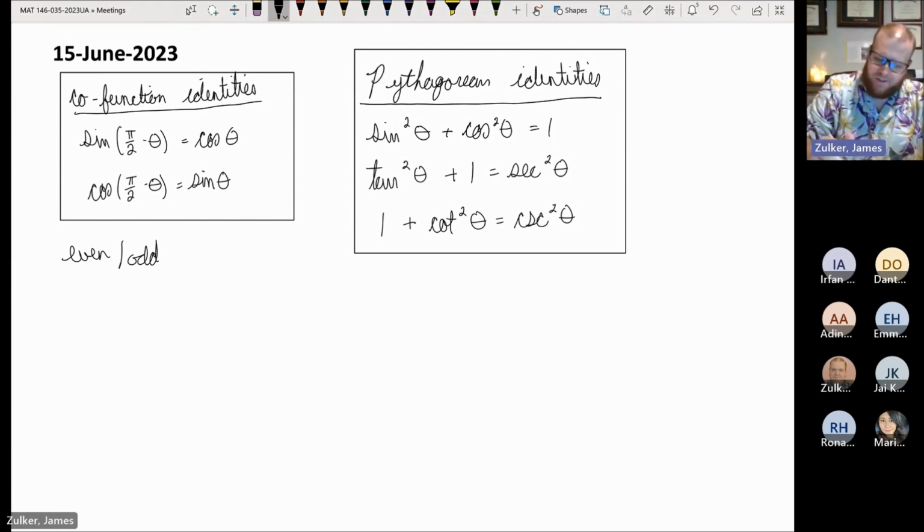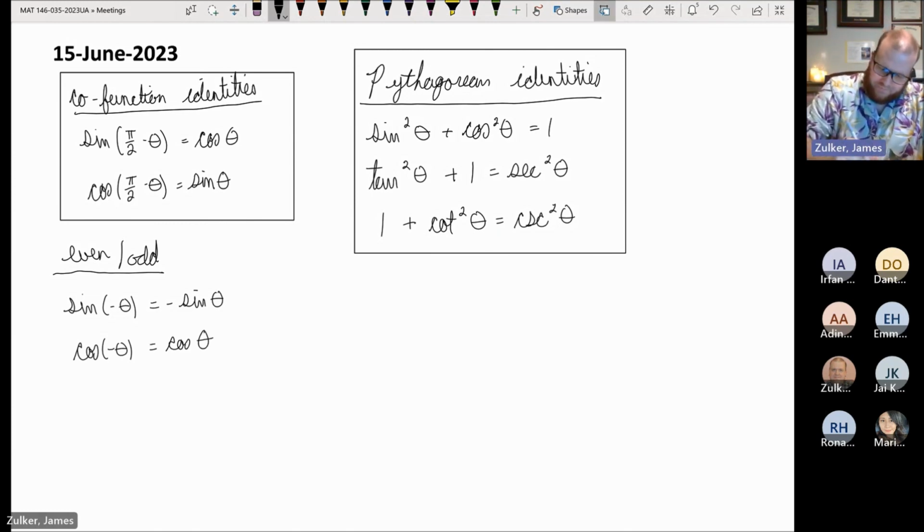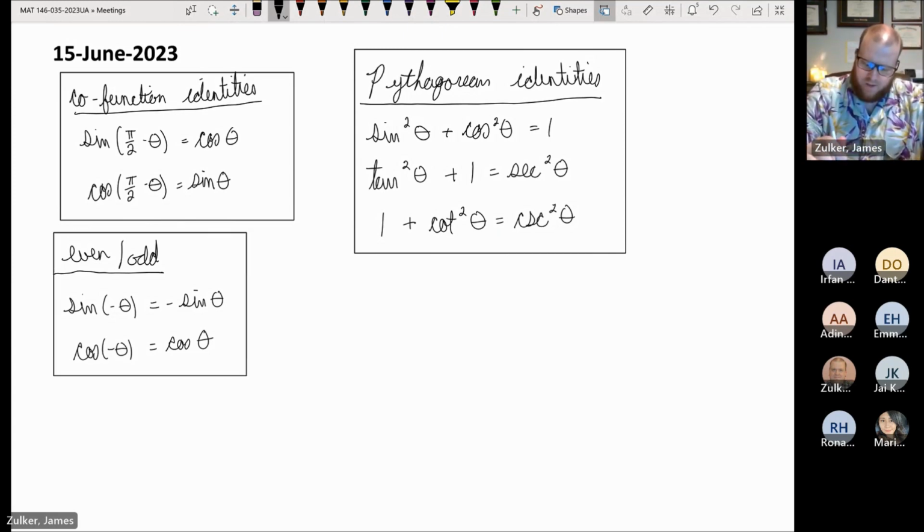Right, we have even and odd. Cosine is even, sine is odd.